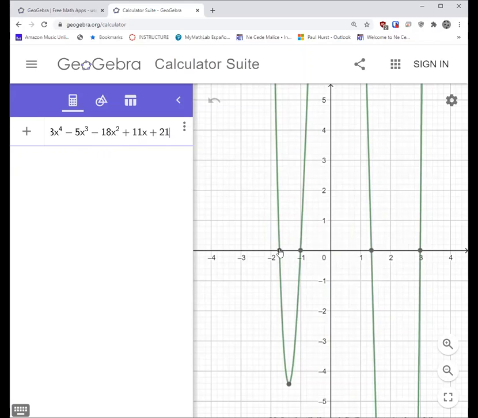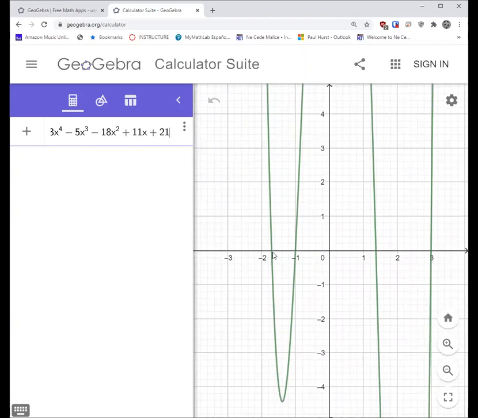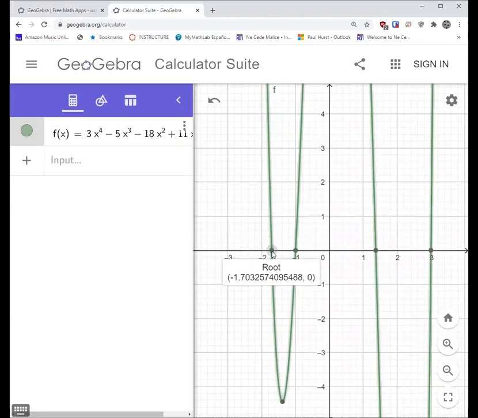Okay, now the zeros are going to be where it crosses the x-axis. And if you just click on, you can zoom out if you want, or zoom in, or whatever, you know the drill. So if you click on these, okay, this is some weird number.